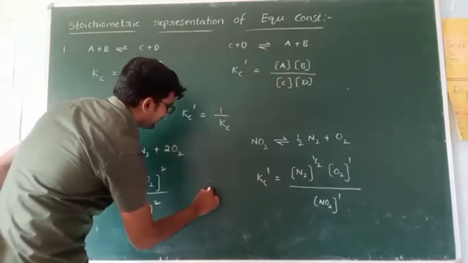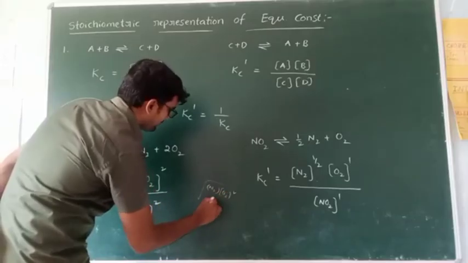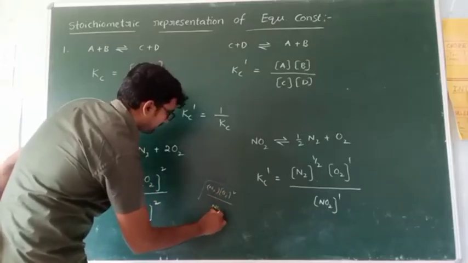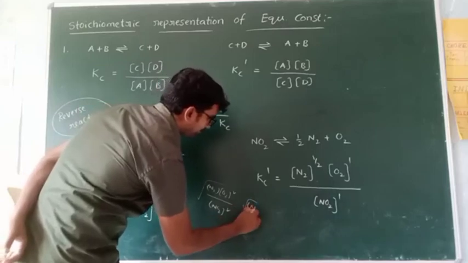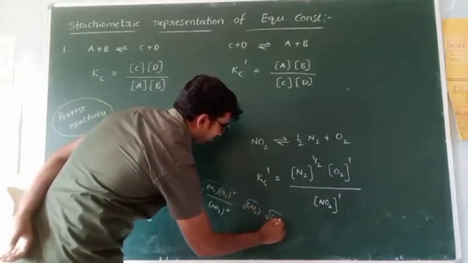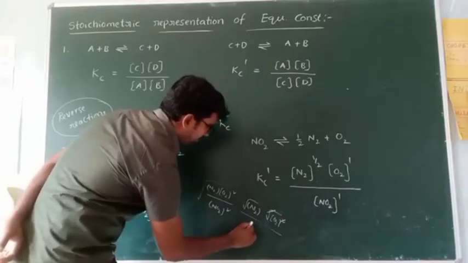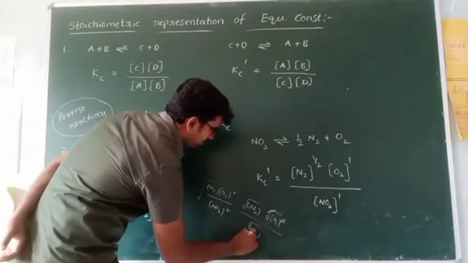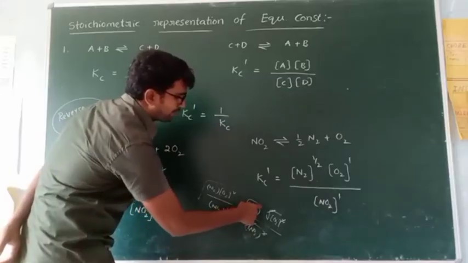Square root means N2, O2 square, NO2 square. So root over N2, root over O2 square means the square root cancels, down root over NO2 whole square means the square root cancels. So this is root over N2, which means N2 power 1 by 2.